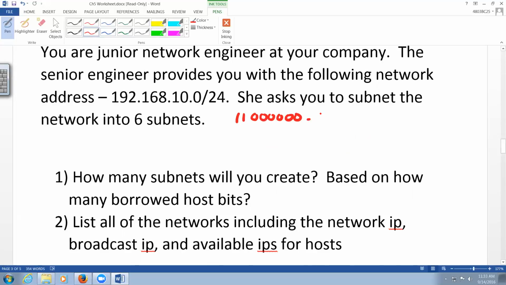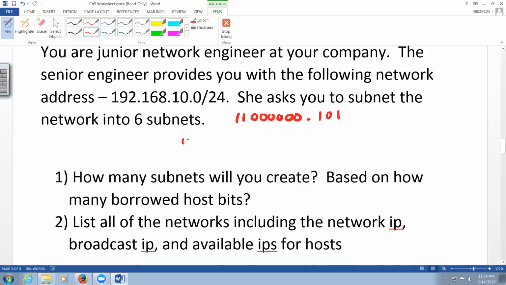Okay, then 168 is going to be what? It's going to be a 1. Then what? It should be 1, 0, 1, and then something, because we have 32.